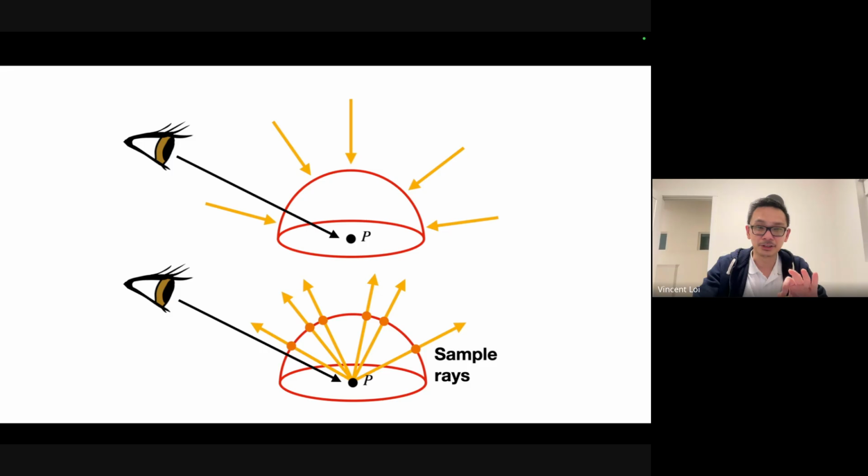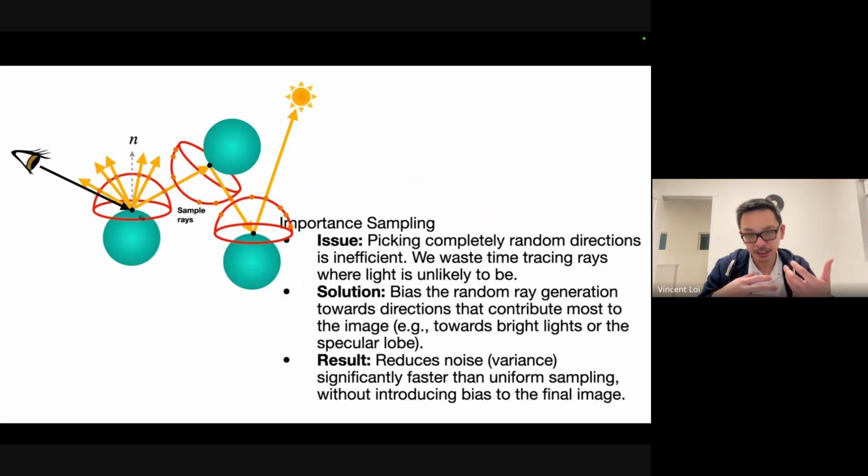I just want to make sure I mention this, because it is also very interesting. When you're doing the sampling for rendering, we talk about importance sampling, like Monte Carlo, because Monte Carlo is about trying to pick which direction or which sample will give you the best result.